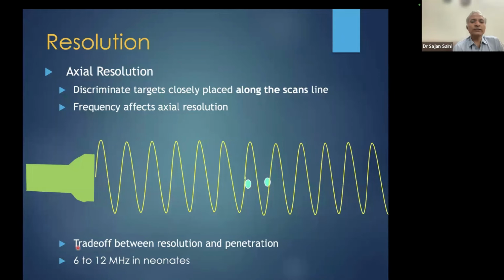For this reason, because neonatal structures are small and closer to the skin as compared to adults, we use relatively higher frequency probes in neonatology. Generally, they range between 4 to 12 megahertz when we are interrogating the neonatal heart.